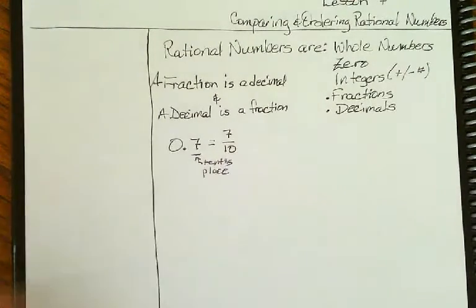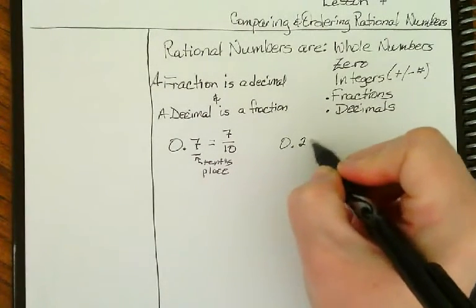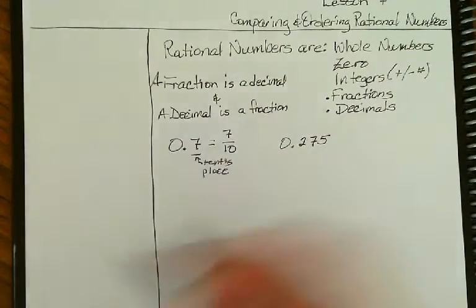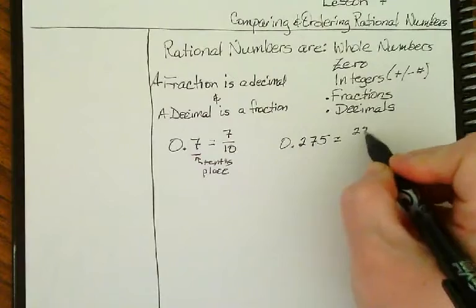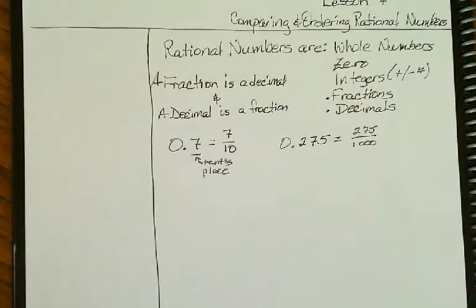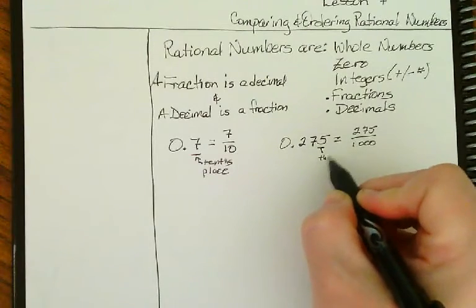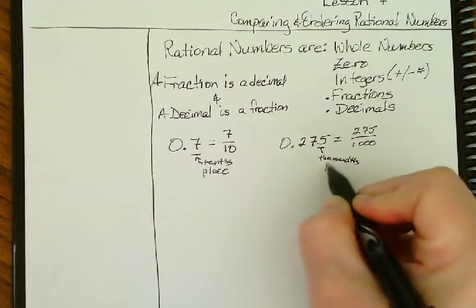Well, that's 7 tenths. Okay, that right there is the same as 275 1,000ths, because this right here is the thousandths place.